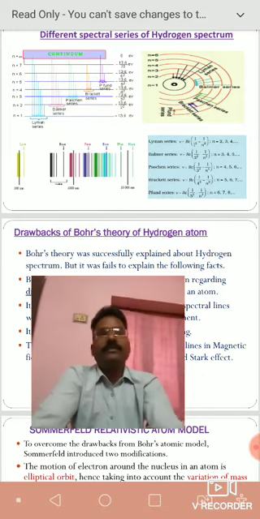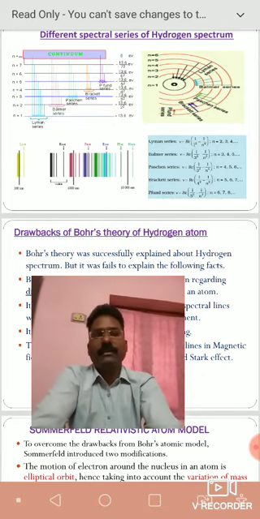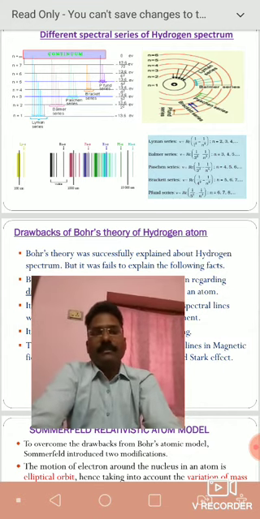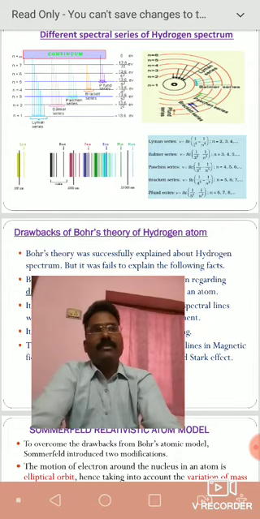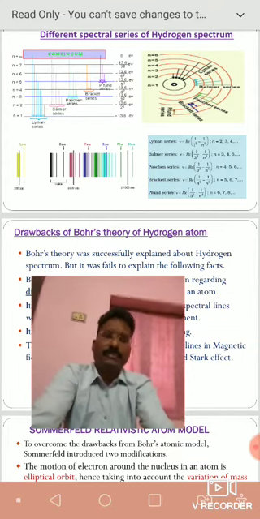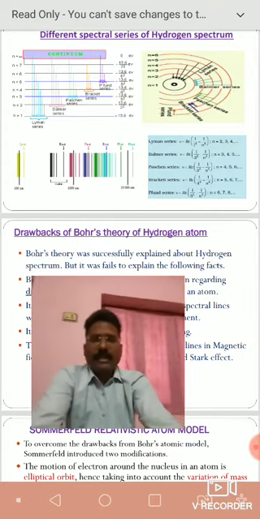When n is equal to 5, 6, 7 to n equal to 4, the series is called the Brackett series. It is in the infrared region. The range of the infrared region is almost 7,000 angstrom units to 54,000 angstrom units.